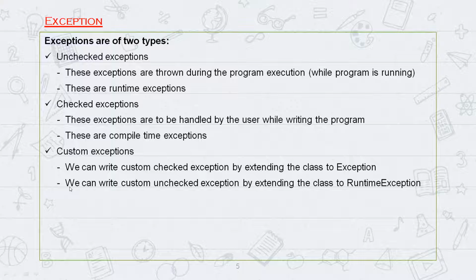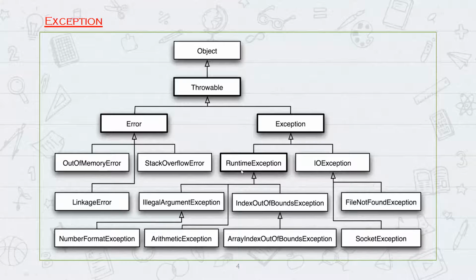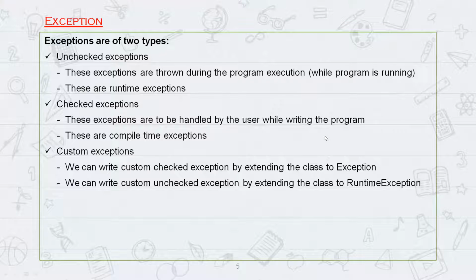And if we want to write our own unchecked custom exception, we extend RuntimeException. If we extend RuntimeException, it becomes an unchecked exception. If we extend Exception, then it becomes a checked exception. Like IO exception, if you want to extend, you can extend it and call it something like custom IO exception.